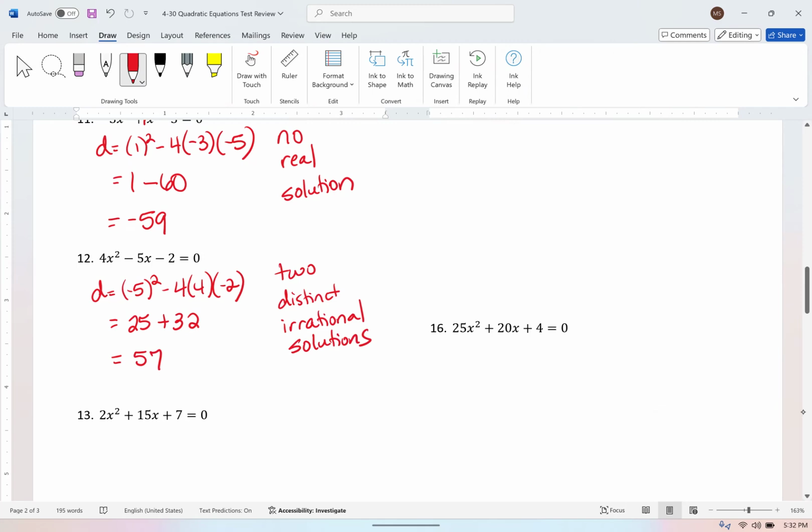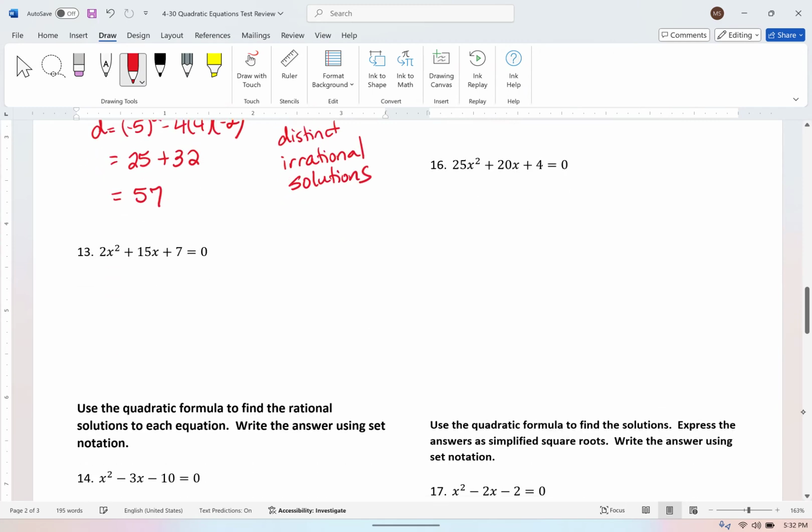Okay. Continuing on, number 13, b squared minus 4ac again. So this is 15 squared minus 4 times 2 times 7. 15 squared, 15 times 15 is 225. 4 times 2 is 8. 8 times 7 is 56. So 225 minus 50. Oh, I don't know why I wrote 57. Excuse me.